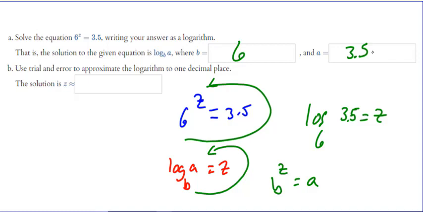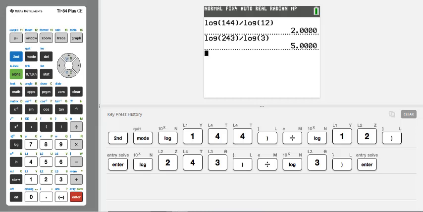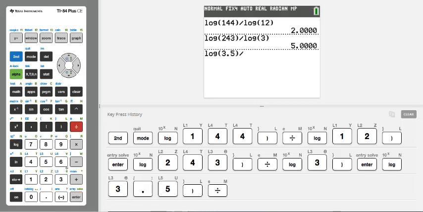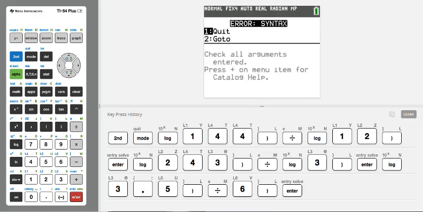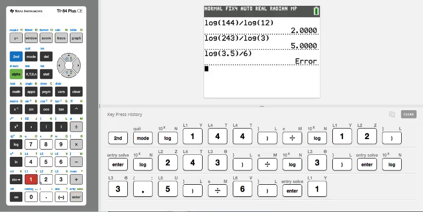So if we do this, use trial and error to approximate the log to 1 decimal. We're not going to do that. We can do it in our calculators, log of 3.5 over the log of 6, right? We can do what's called a change of base. And when you do that, approximate to 1 decimal.